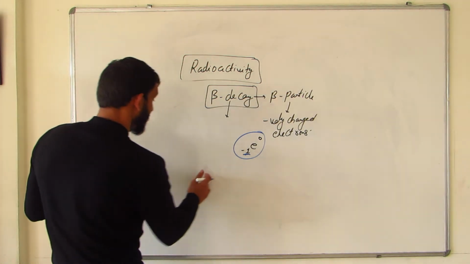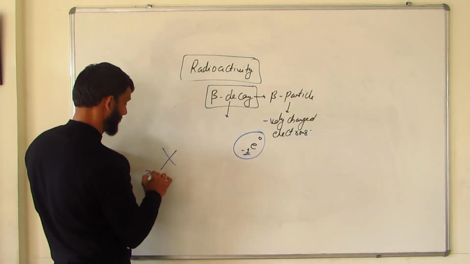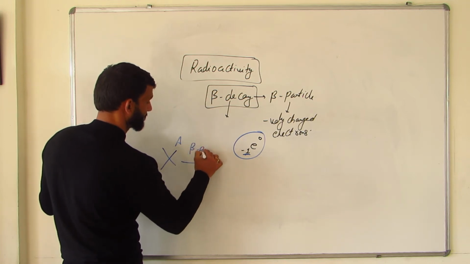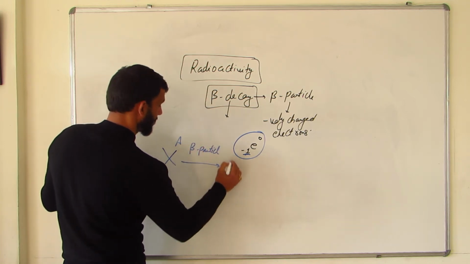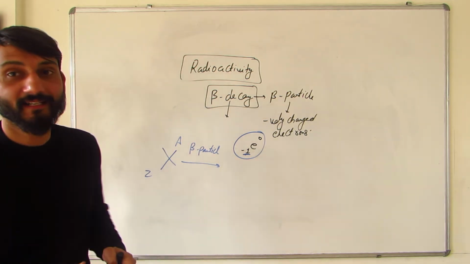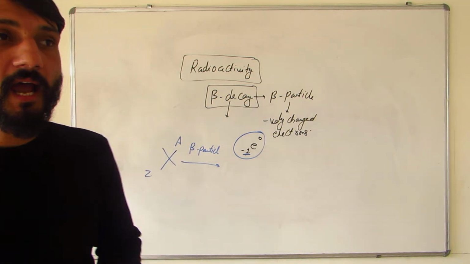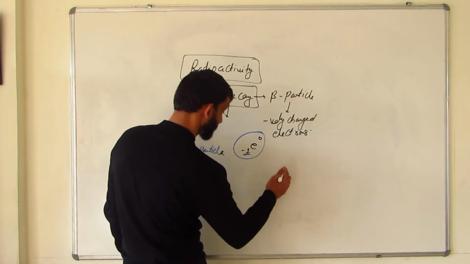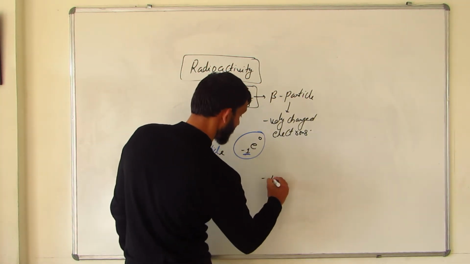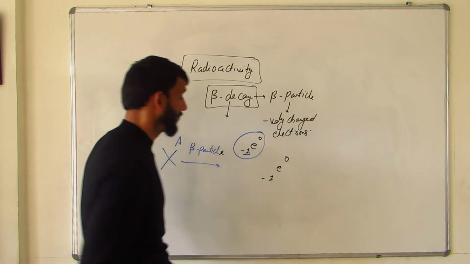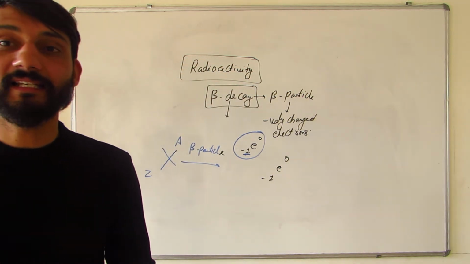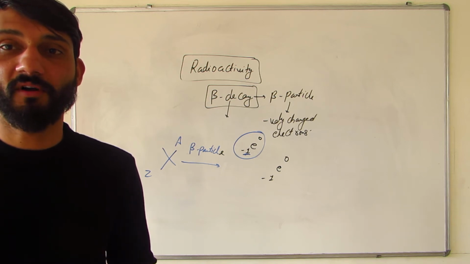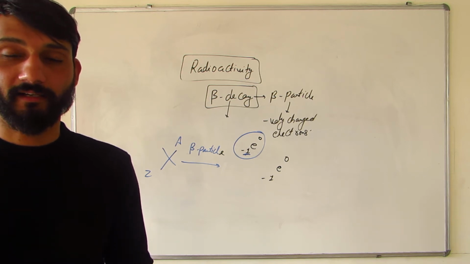So if I do it, it is again XZA, and it gives a beta particle. Now what is Z? Z is the number of protons. Initially the atom is electrically neutral, so it has an equal number of protons and electrons.